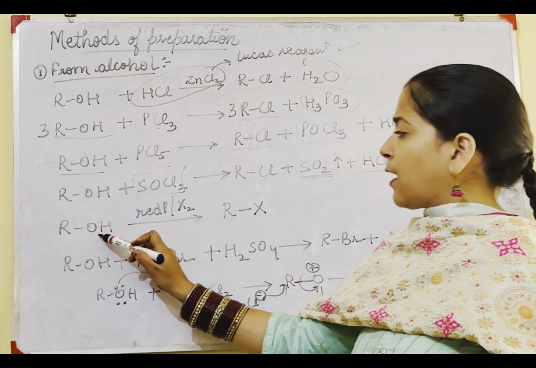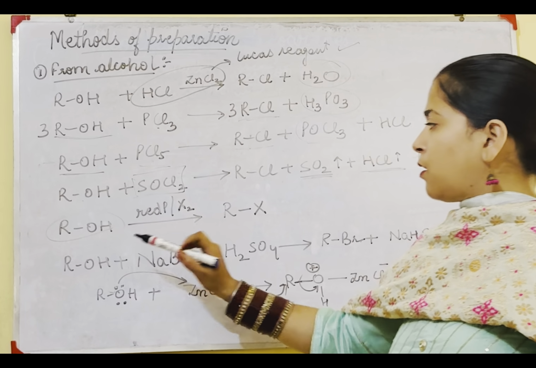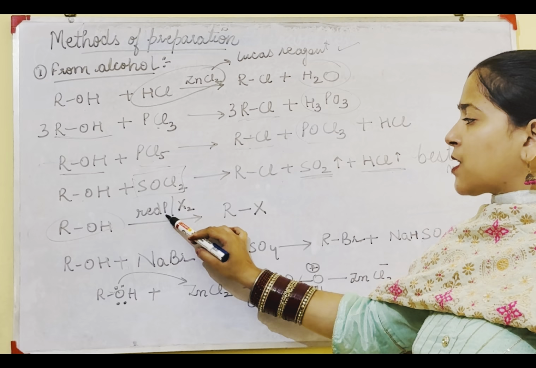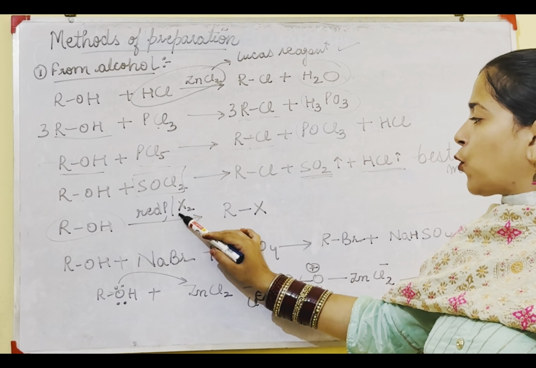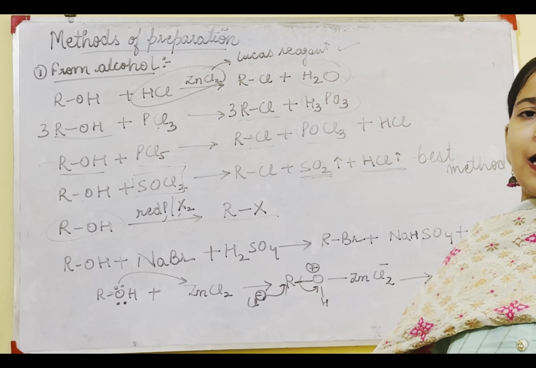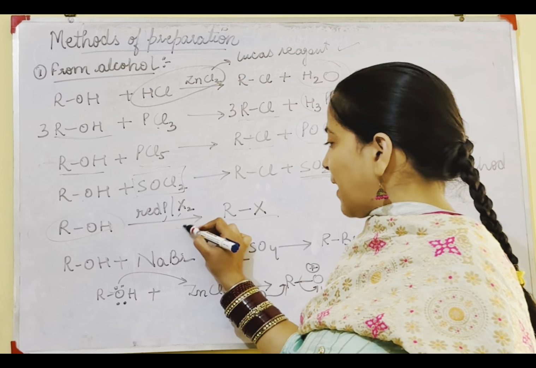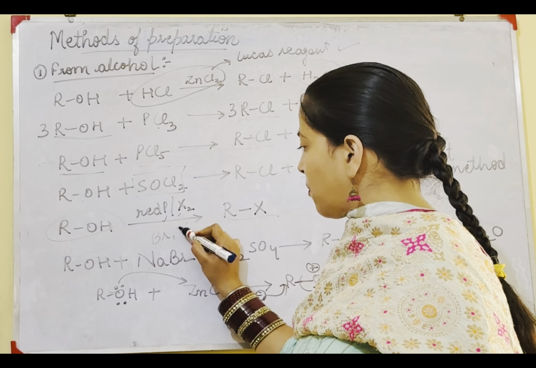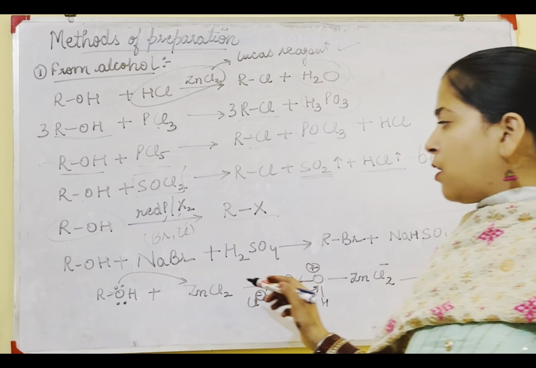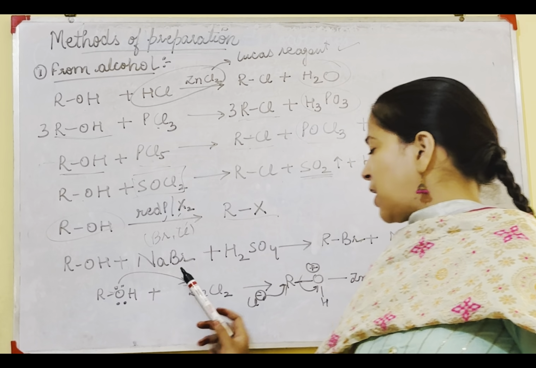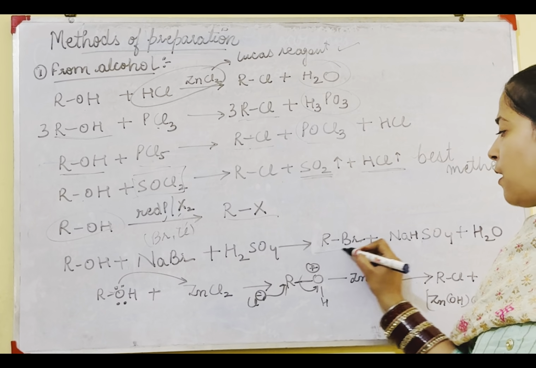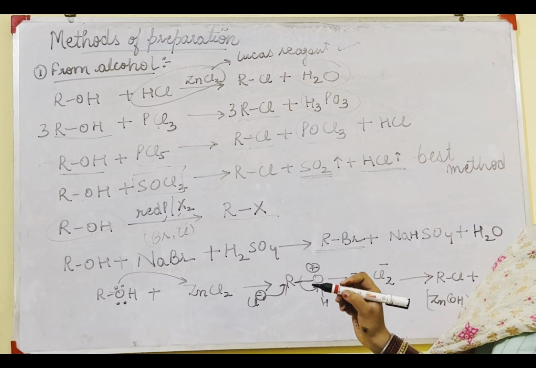Next is alcohol. It reacts with the halogen in the presence of red phosphorus and it will form alkyl halide. Here the halogens are mainly bromine and chlorine. Next is mainly for the alkyl bromide.